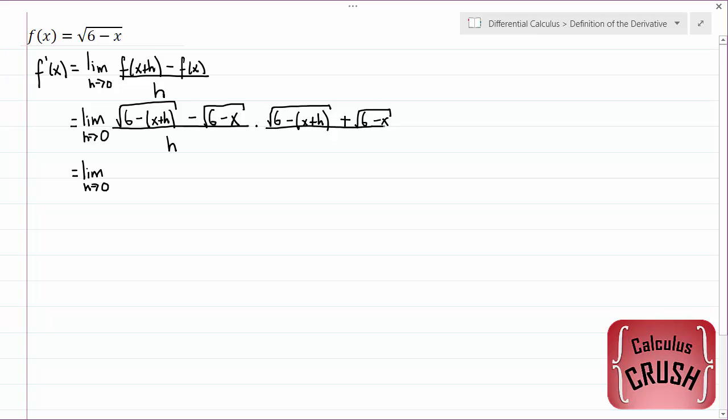And we can't just go around multiplying the numerator only by stuff. Whatever we do to the top, we must do to the bottom. Otherwise, we're completely changing the expression.